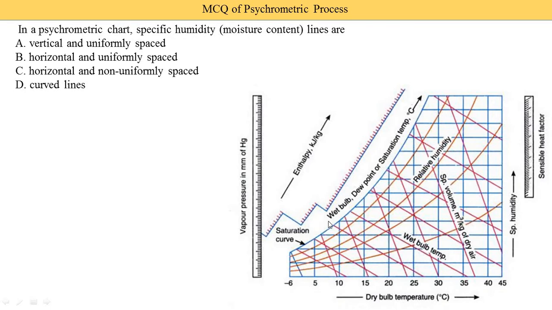Now, two options are given for horizontal, uniformly and non-uniformly, and the correct answer is option B, horizontal and uniformly spaced, because at uniform distance the same value is given. Suppose 0.02, then 0.04, 0.06, at the same distance, that means it is uniformly spaced.